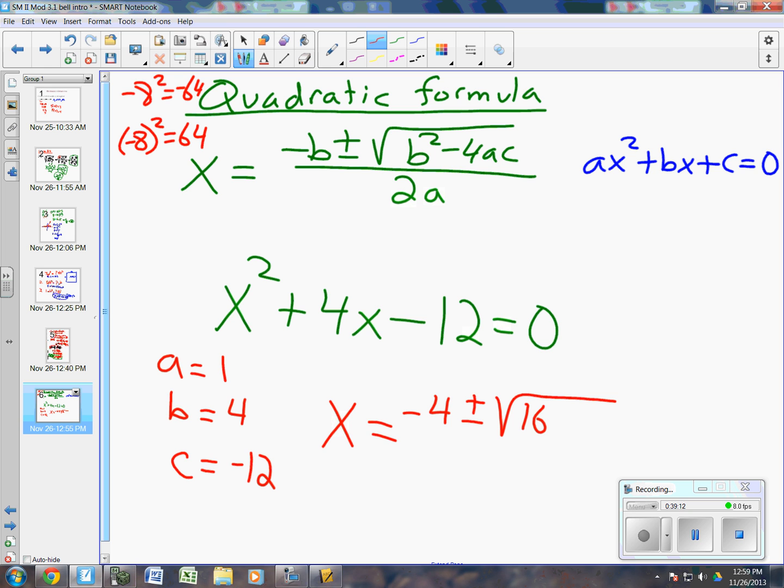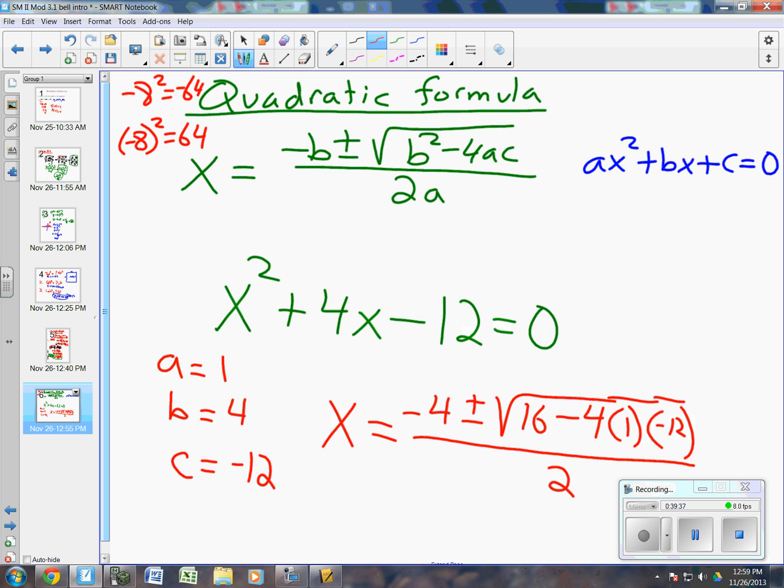So, over here, I have 16 minus 4 times A, which is 1, times negative 12, which is C, all over 2 times A, which is 2 times 1, which is 2. All we have to do is simplify that.